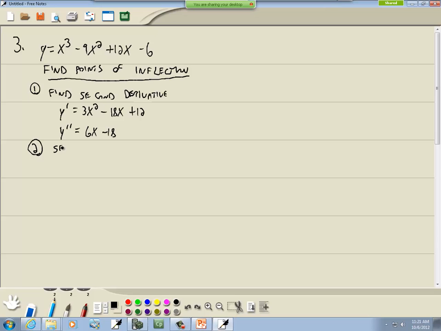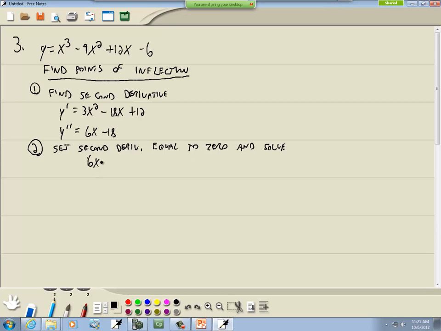Step 2. Set the second derivative equal to 0 and solve.